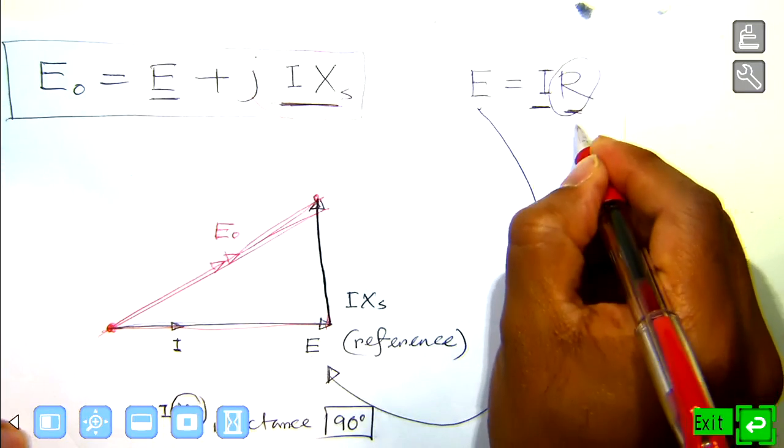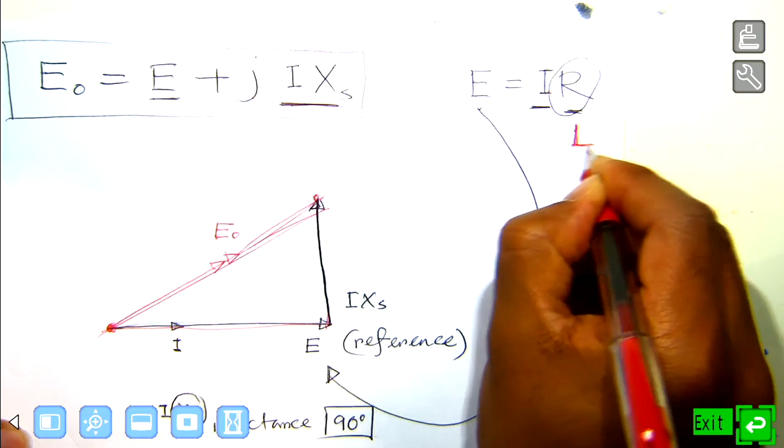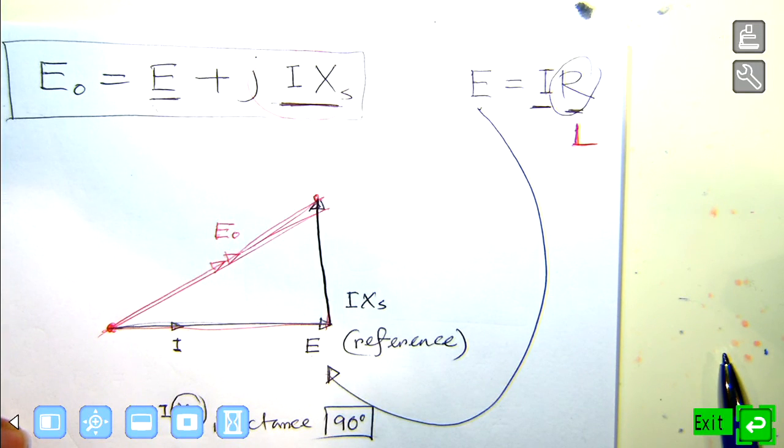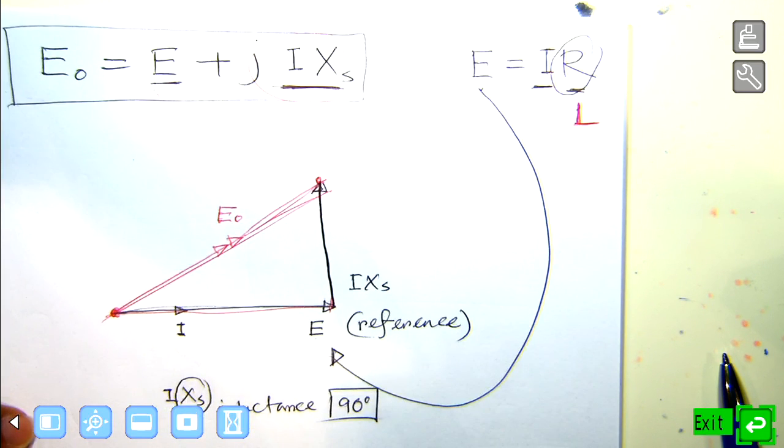If my load is pure inductance, not resistance, my load is a pure inductor, what will happen?